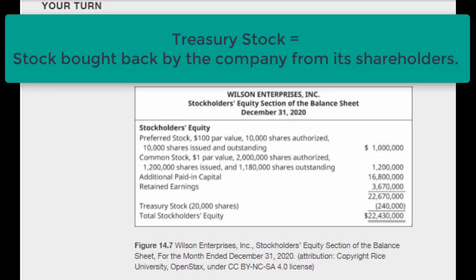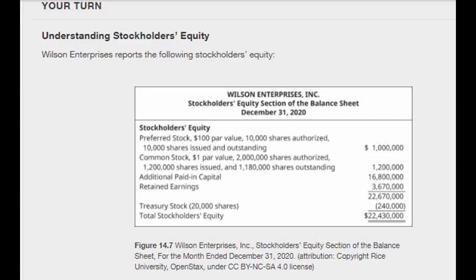If a company takes back stock permanently, then it might reduce the $1 million in preferred stock value at par, or the $1.2 million of common stock value at par, if it is taking back what it has previously issued permanently.